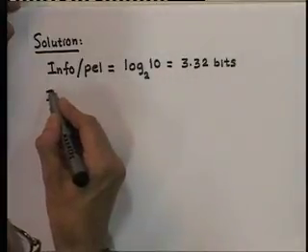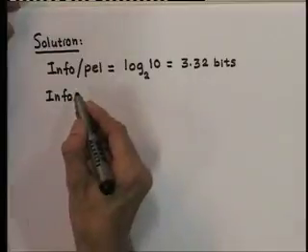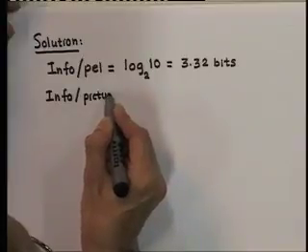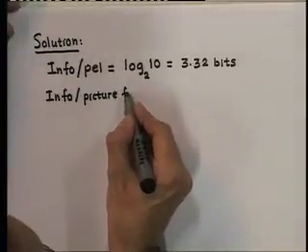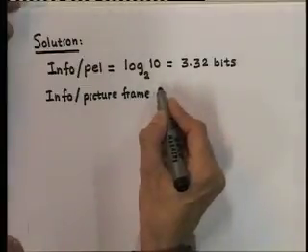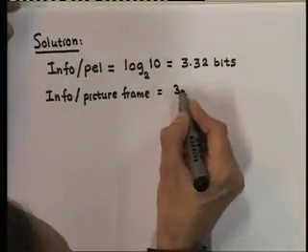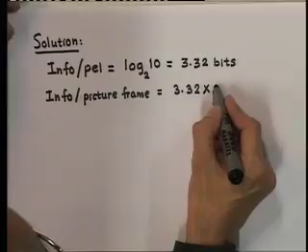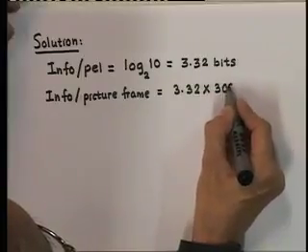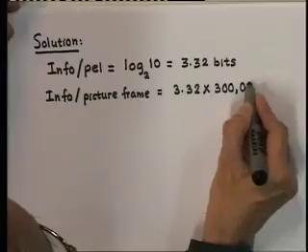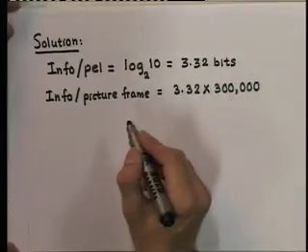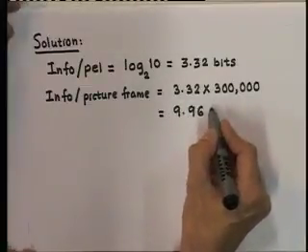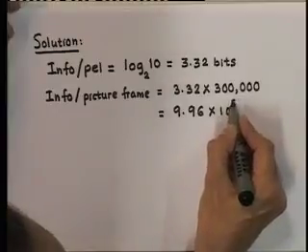Now, information per picture frame is equal to information per element multiplied by the number of pels in a picture frame, which is 300,000, and this is equal to 9.96 multiplied by 10 raised to 5 bits.